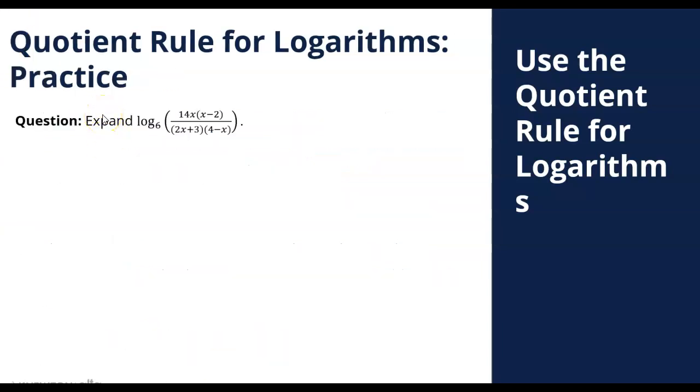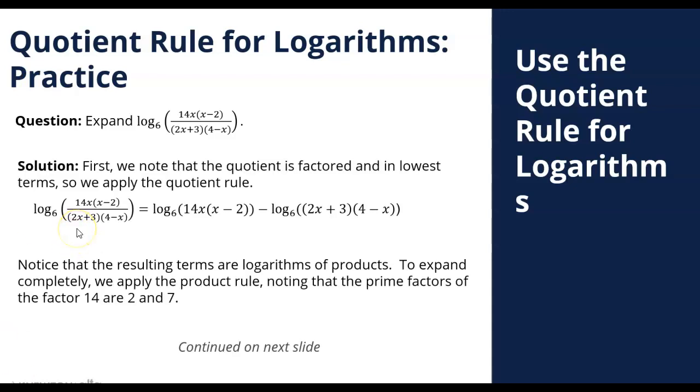Now let us use the quotient rule for logarithms to expand the given expression here. So we want to expand log of 14x times x minus 2 all over 2x plus 3 times 4 minus x base 6. So to do this, we first note that the quotient here is already factored in its lowest terms. So we can now directly apply the quotient rule.